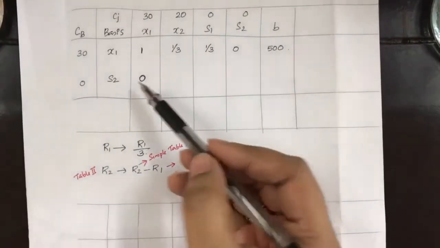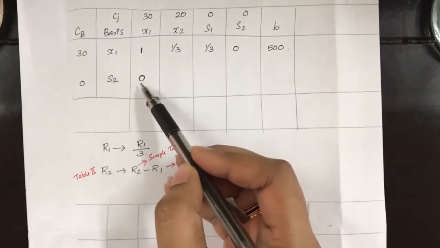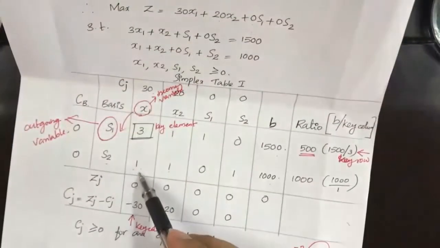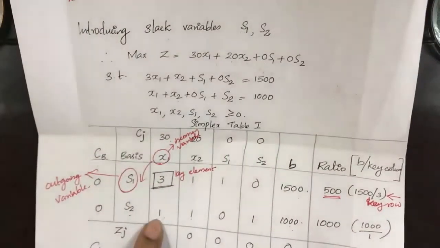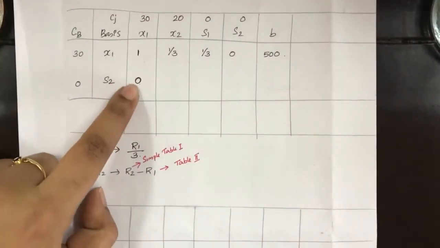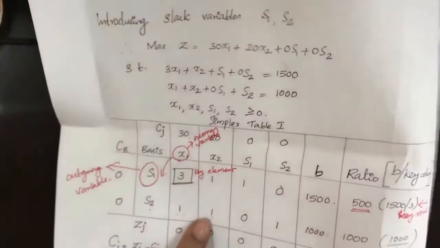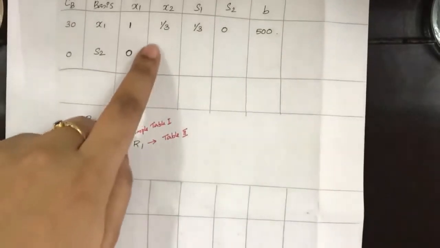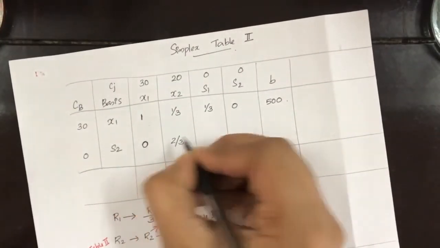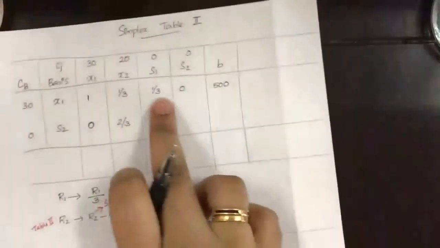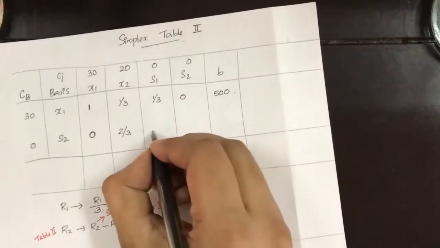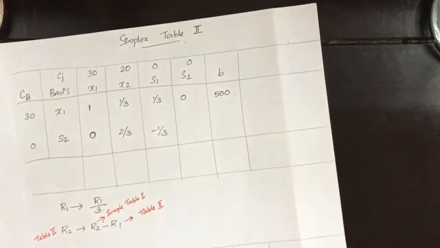So R2 changes: R2 is equal to this R2 minus this R1. 1 minus 1, 0. Second, 1 minus 1 by 3, 2 by 3. 0 minus 1 by 3, minus 1 by 3.